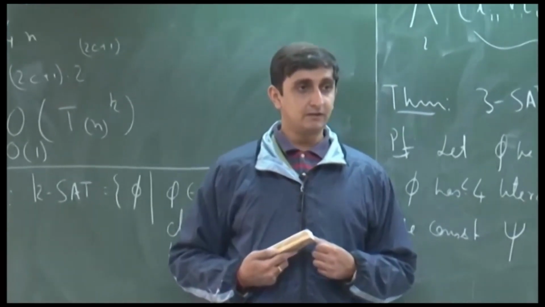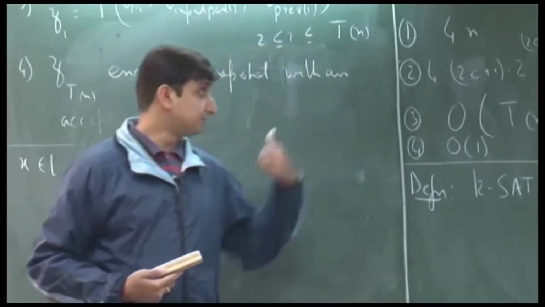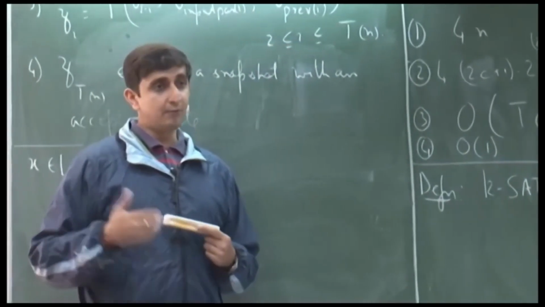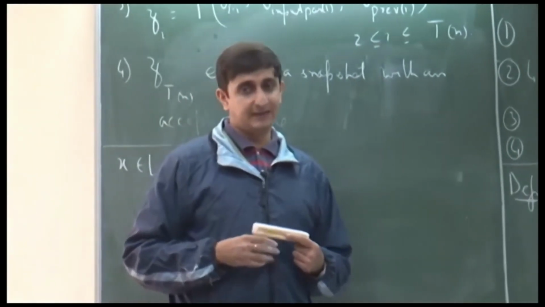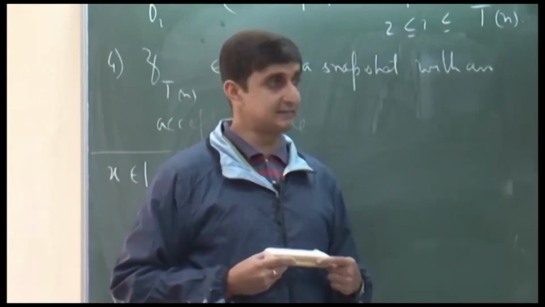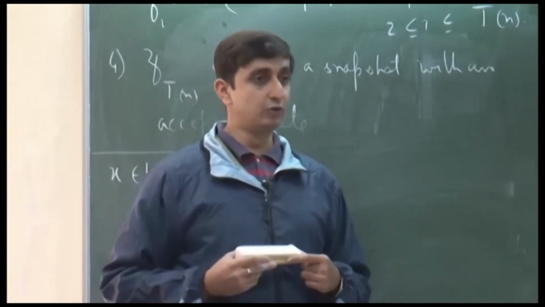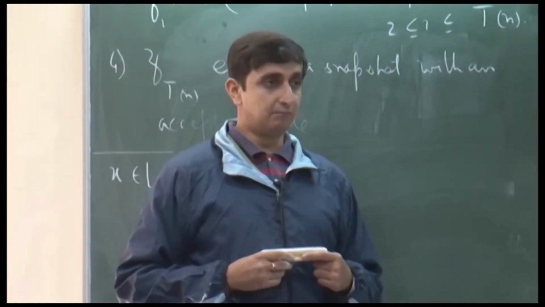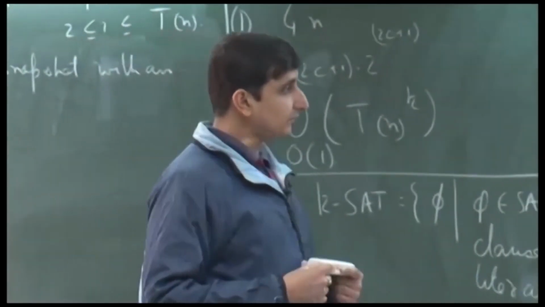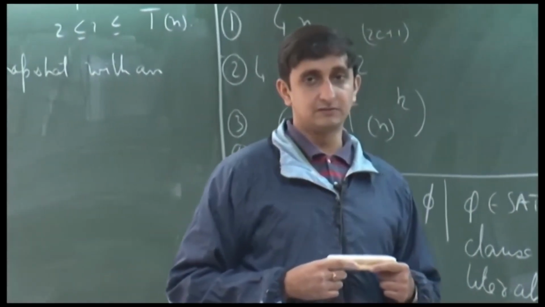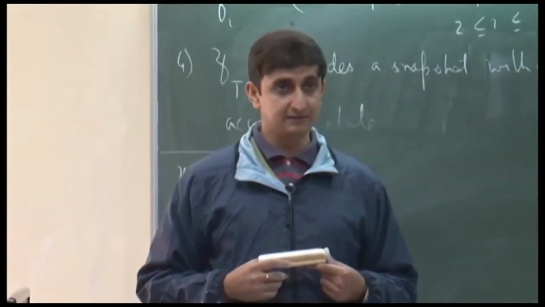This is a very surprising structure about Boolean formulas: for all k greater than or equal to 3, they have the same complexity, as we can see by this sequence of reductions, but the moment you come down from 3 to 2, there is a significant drop in complexity, or at least that is what our current understanding tells us.